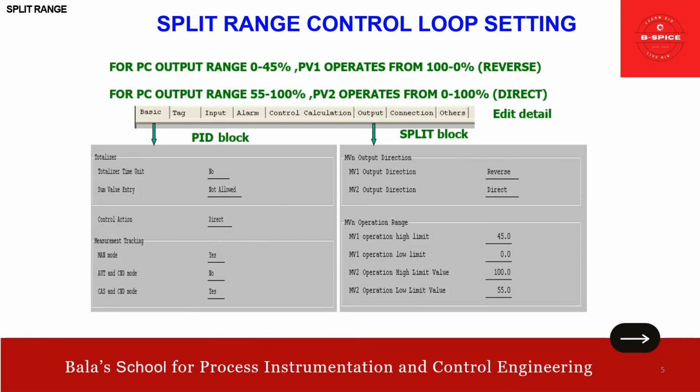So what is MV? Here the MV is the variable that the controller actively manipulates to influence the process. It's a parameter we adjust to achieve the desired outcome for the PV. An example of a manipulated variable is the position of a valve, as in our previous example.